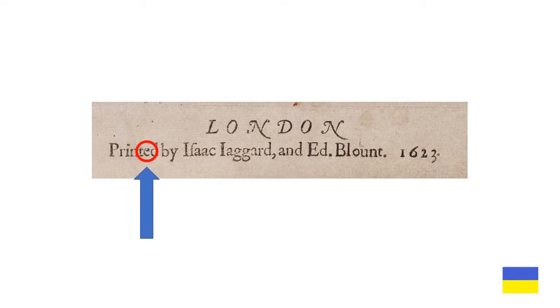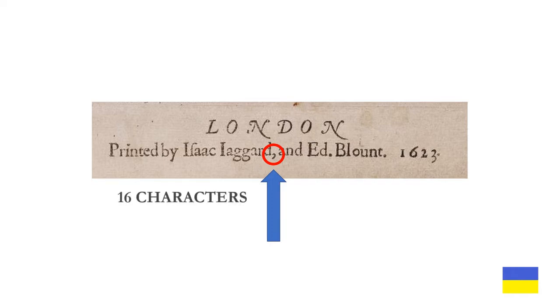So if we count from the lowercase e in "printed" to the comma after "Jaggard," we find there are 16 characters.